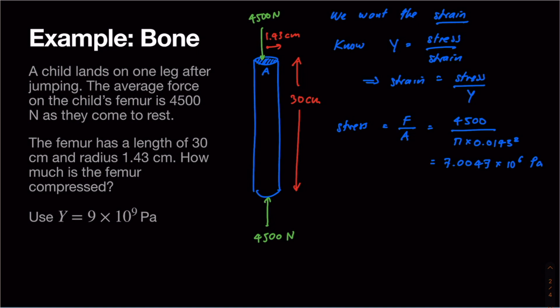Then my strain, just from my equation up here, is just going to be given by stress over the Young's modulus, which will be 7.0047 times 10 to the 6 over my Young's modulus of 9 times 10 to the 9.